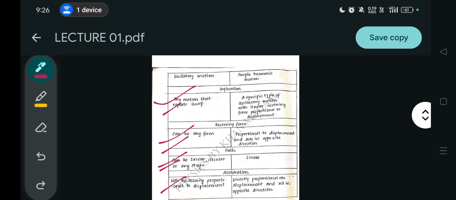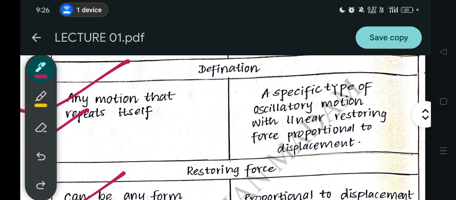Simple harmonic motion is a specific type of oscillatory motion with a linear restoring force proportional to the displacement. Okay, what is a restoring force? It is a kind of force which pulls the body back to its mean position.